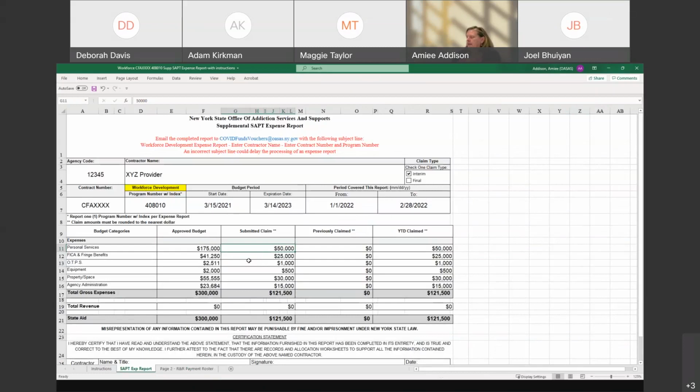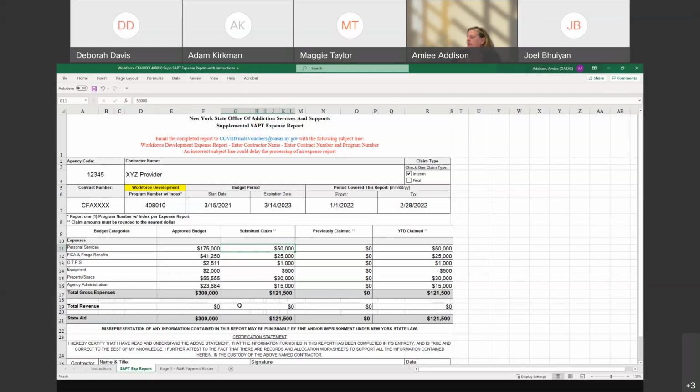Keep in mind that the total of the recruitment and retention should be equal to or less than the total personal services. And that the payments made must be within the period covered by the report as well as the budget period.